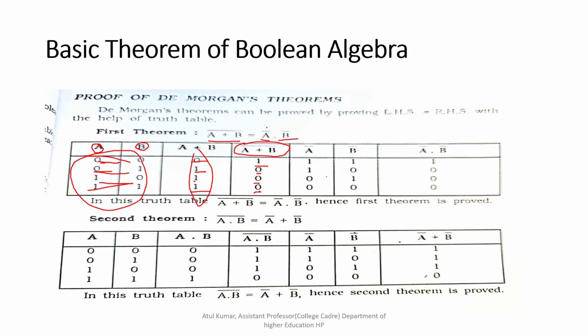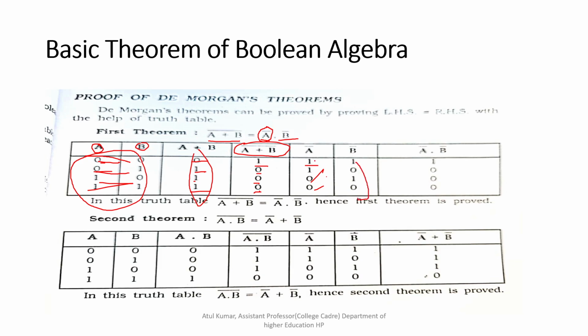Now we have to take into consideration a bar. So what is a bar? Where a is 0, a bar is 1; where a is 0, a bar is 1; and 1 is complemented to 0. Similarly we have b bar, and the result is here.